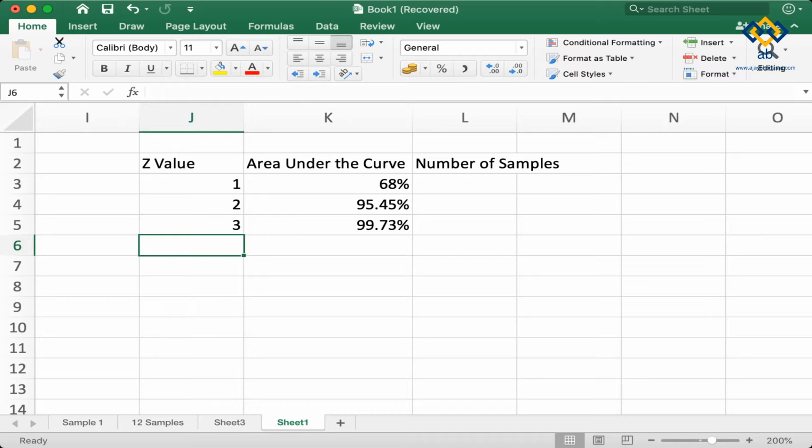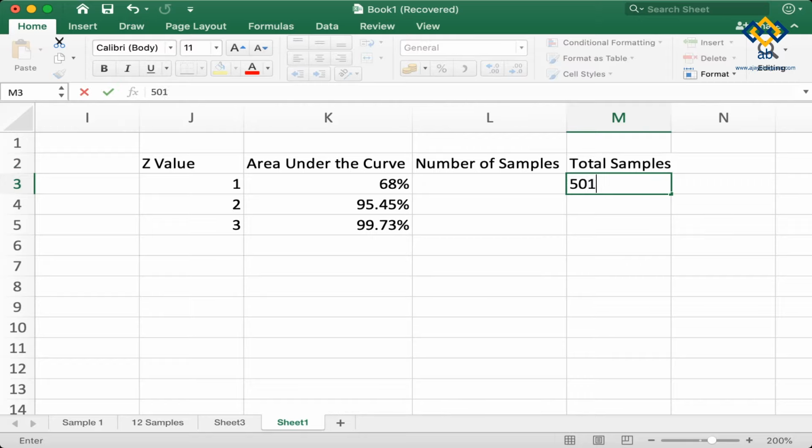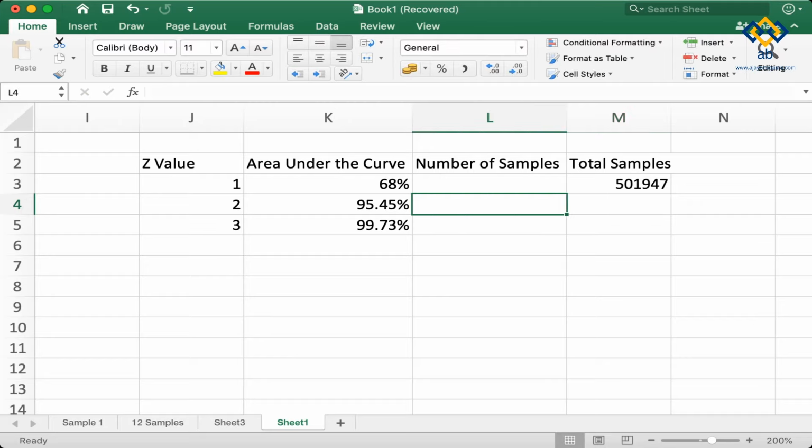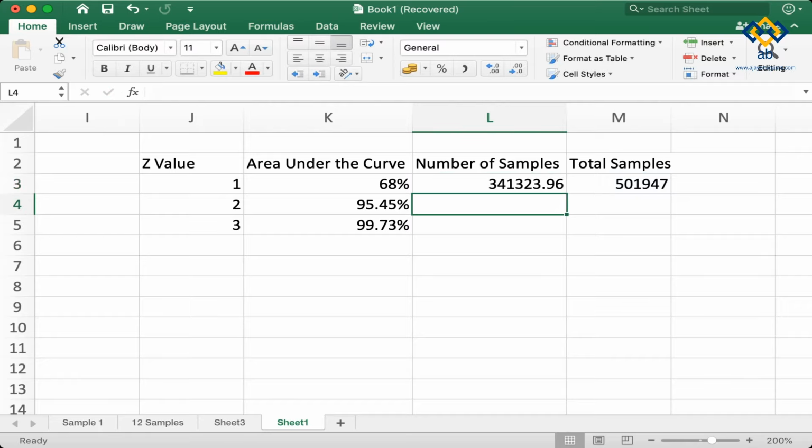Now our sampling distribution had total samples of 5,01,947, whatever number. So this area would have this multiplied by 68%, right? So now I am sending this down.